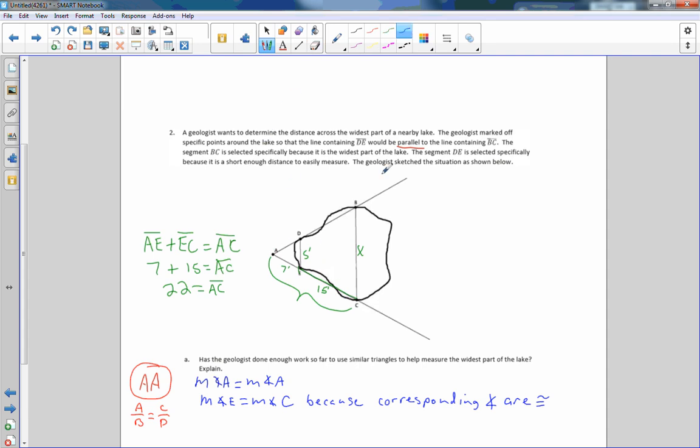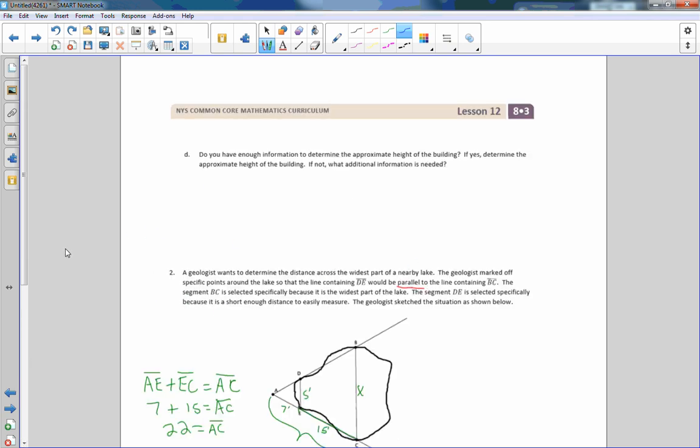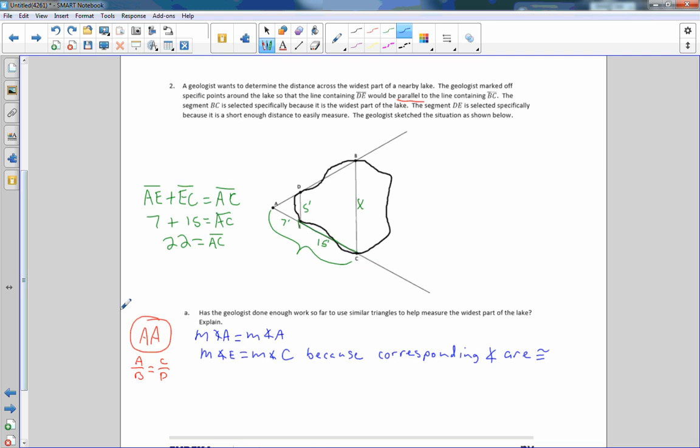So I'm going to solve this here, but this is actually the solution to part B. So I'm going to write B here. I'm going to set up a proportion: little triangle over big triangle. I'm just going to leave that there to remind myself not to mix things up.